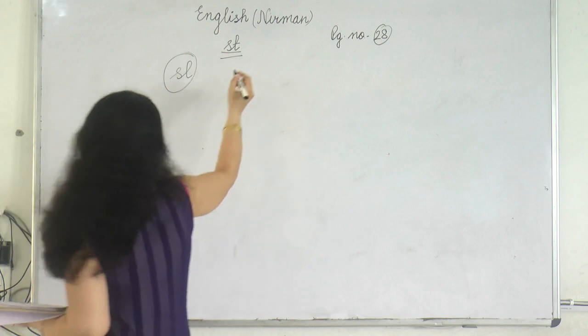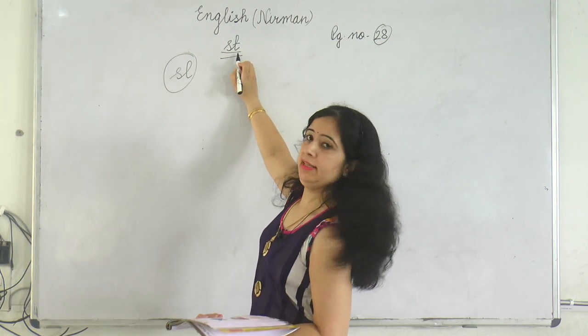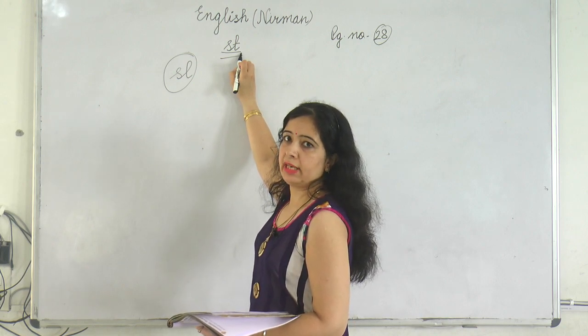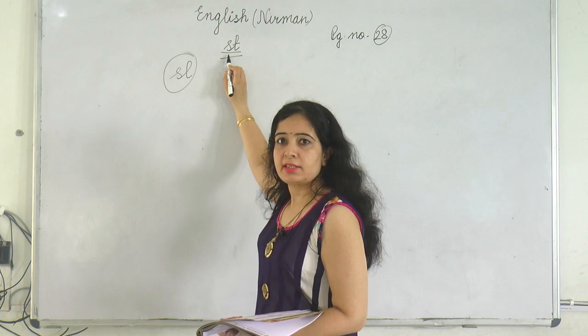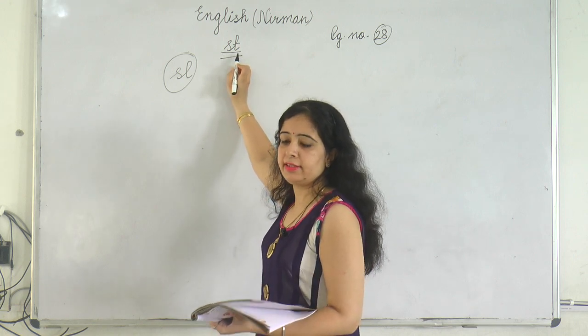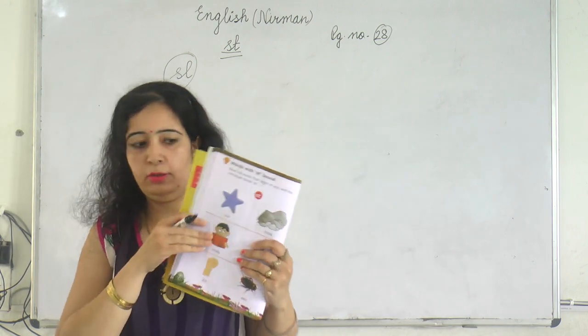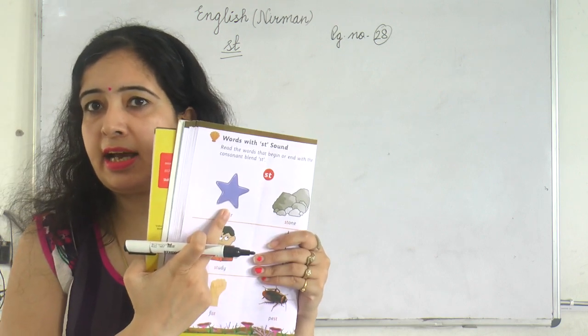ST, stir. S is consonant and T is consonant. So, what's the phonic sound of S? S, T. S, T, stir. So, look at the first picture. What is this? This is star.